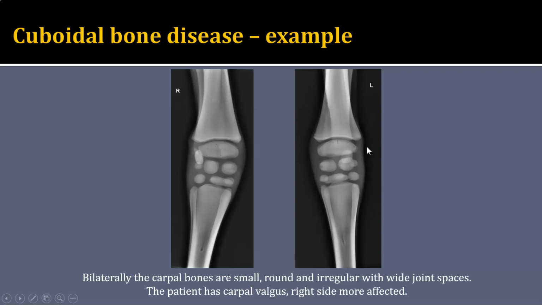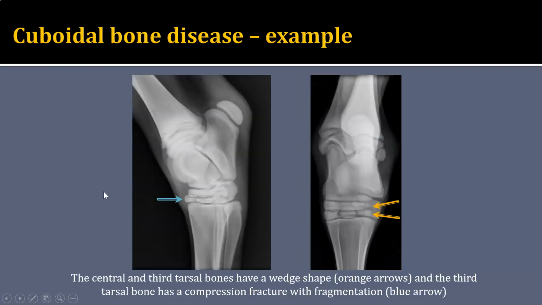Even the distal radial epiphysis is a little bit more irregular and less ossified than we would expect. And secondary to the patient having been weight bearing on these bones that are not fully formed, there is lateral angulation of the metacarpus relative to the radius, and that's bilateral. So that is carpal valgus, a little bit worse on the right side.